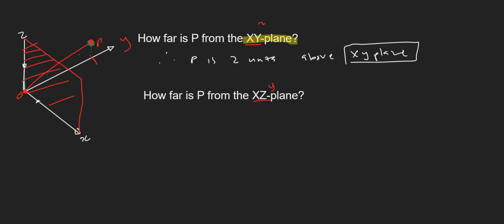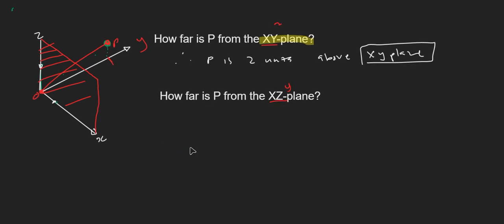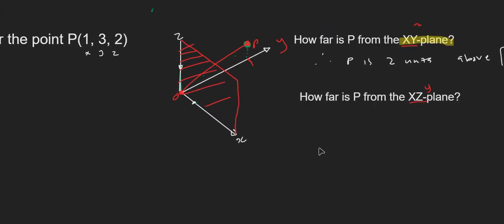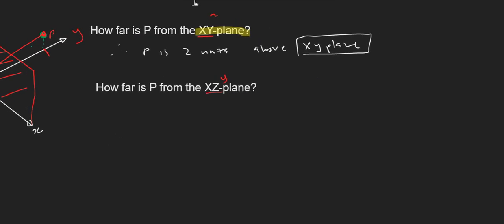So to get the y coordinate, I come here, y was 3. I did recall it very well. It was 3, 3 units away from the xz plane.